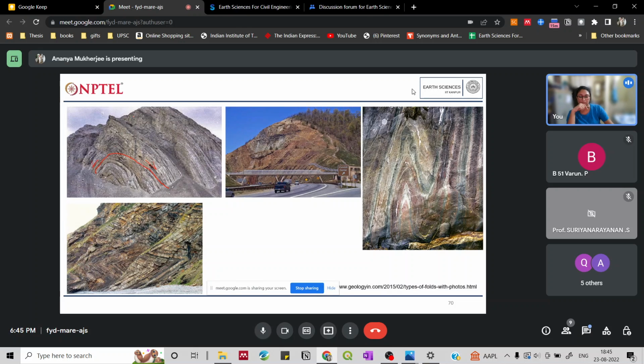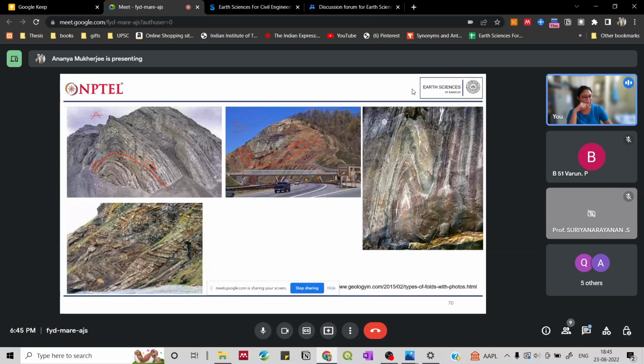So this is an anticline. In the second photograph you can see that you can trace out the curve like this. Over here the limbs are dipping towards each other, so this is a syncline.